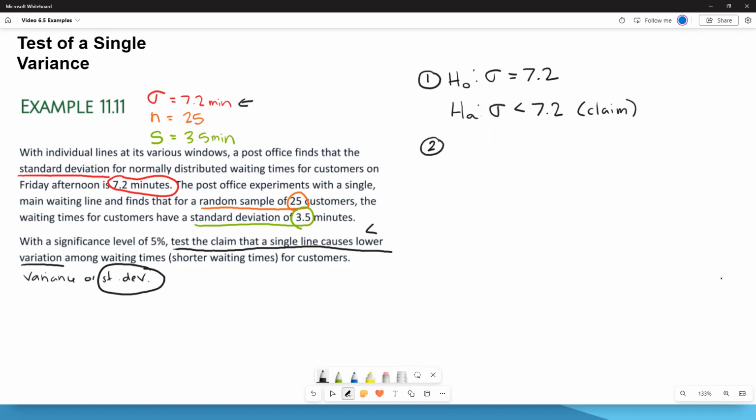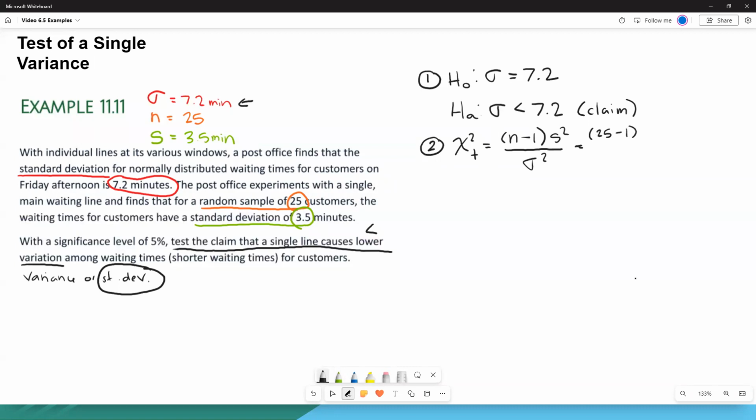Our second step, we're going to find our p-value, and we know that to do that, we first have to find our test statistic. And our test statistic is n minus 1 times s squared over sigma squared. So let's go ahead and plug those values in, see what we get. We know that our sample size is 25, so 25 minus 1.